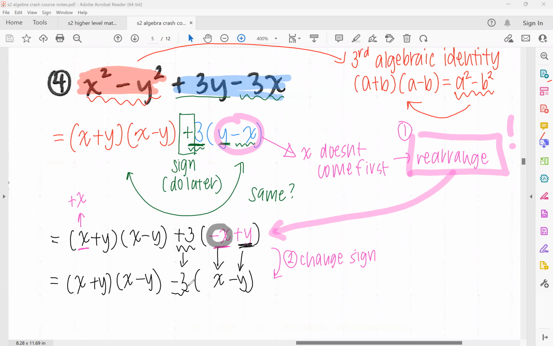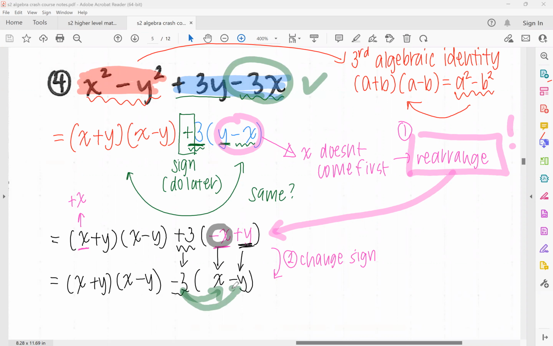Okay? Don't believe? Always remember the check back method. So what is the check back method? Check back, negative 3 times X will give me how much? Isn't it correct?